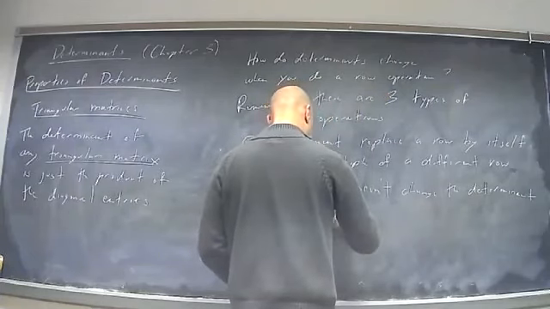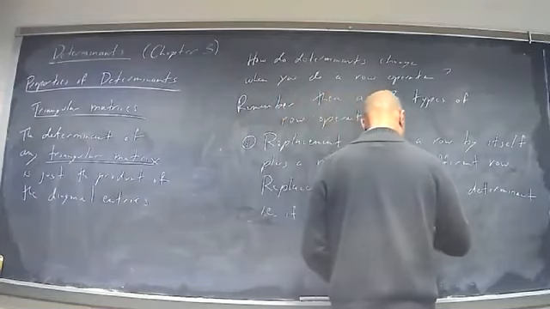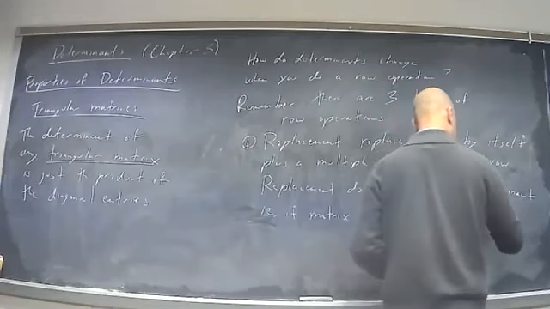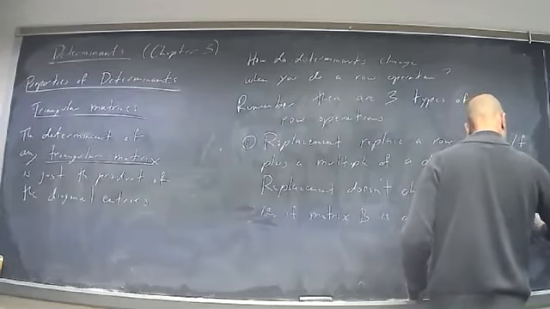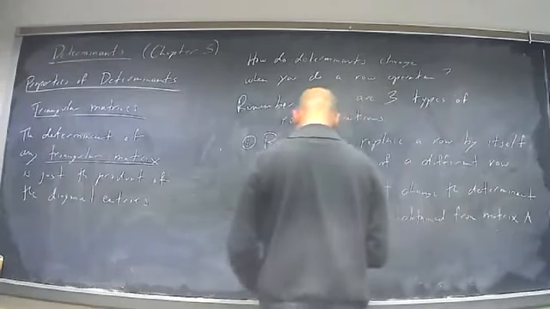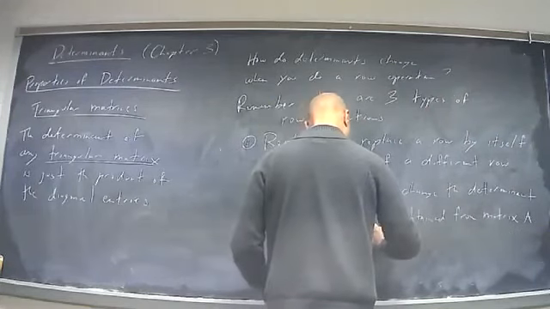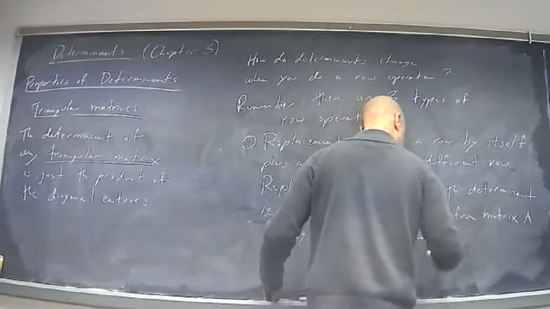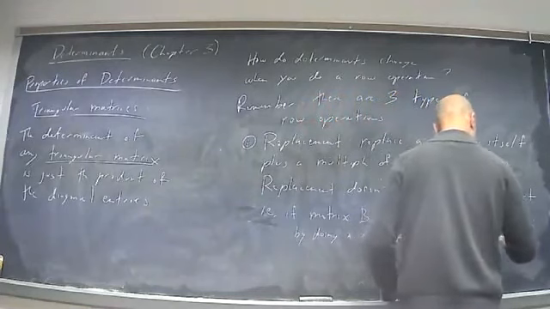If matrix B is obtained from matrix A by doing a row replacement, the determinant of B equals the determinant of A.